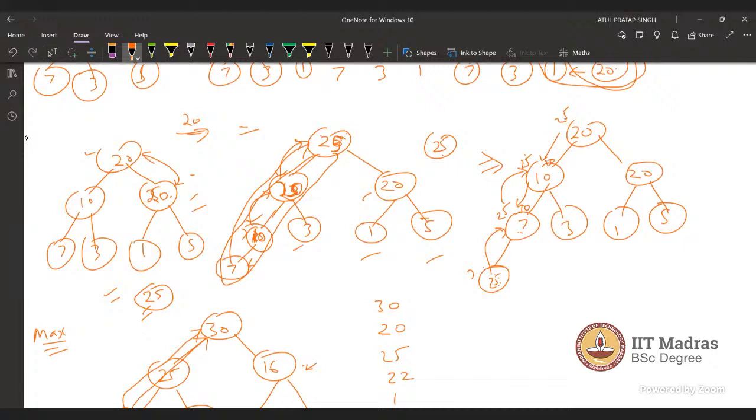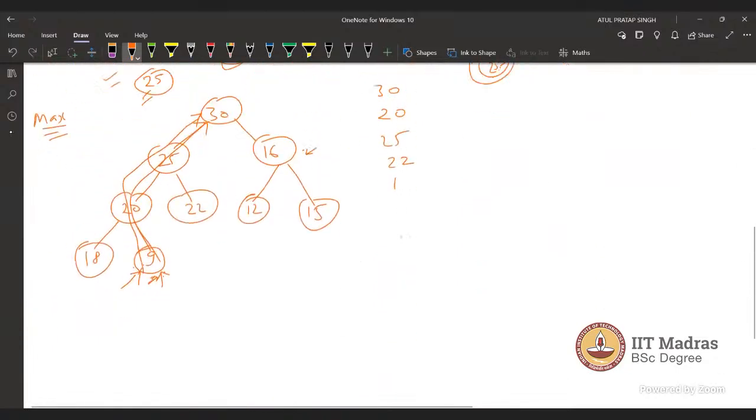So you can see that we are only comparing the added value with its parent value. We are not comparing the added value with its siblings' values. We are not comparing this 25 with 3, and we are not performing the swapping operation with sibling nodes. So any newly added node can move up to the root only by swapping with its parent nodes. In the last adding position, just see the path and which elements are coming in that path.